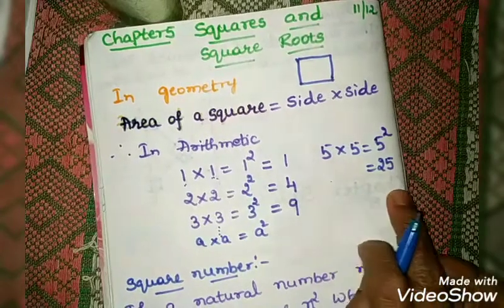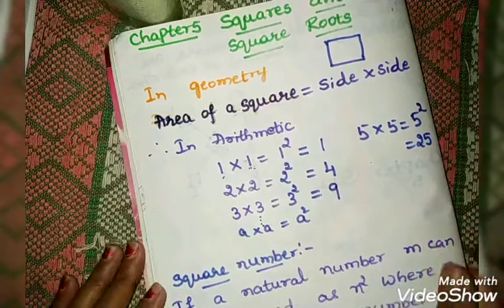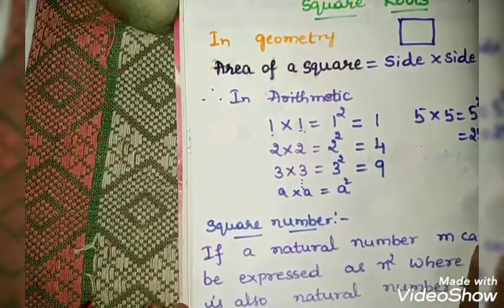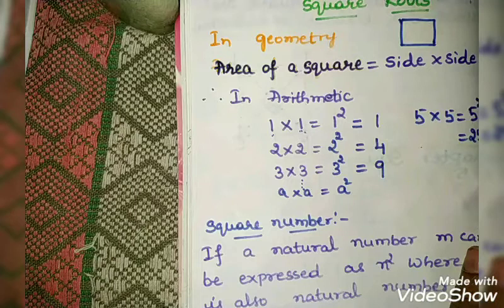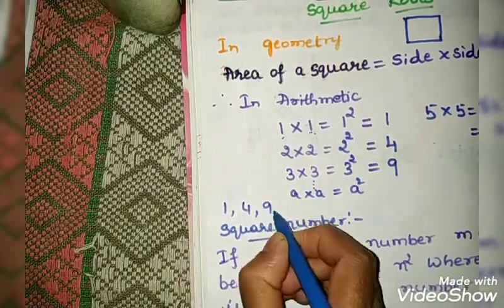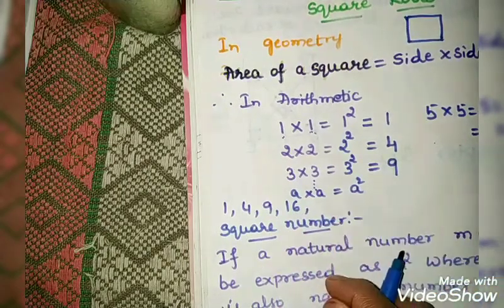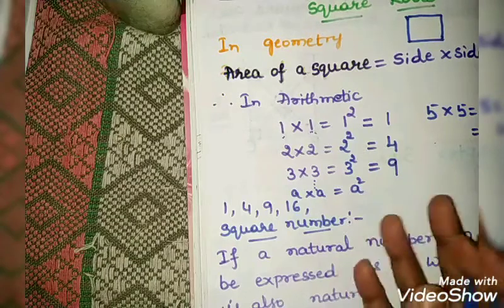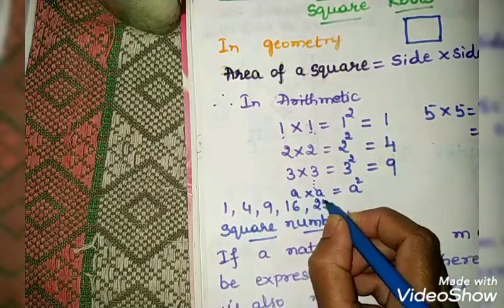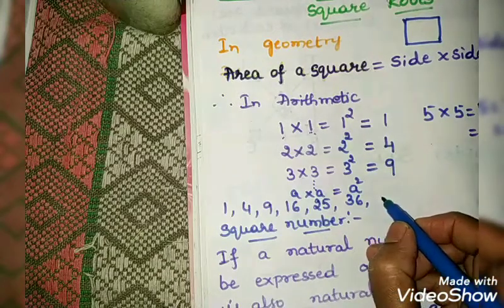So these numbers have some special properties because they are got when two same numbers are multiplied with each other. For example, 1, 4, 9, 16, children. 16, which one? 4 into 4, 4 square. 4 4s are 16. 25. 36, 6 6s are 36, isn't it 6 square?